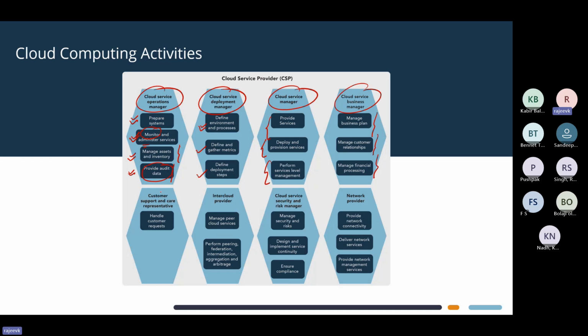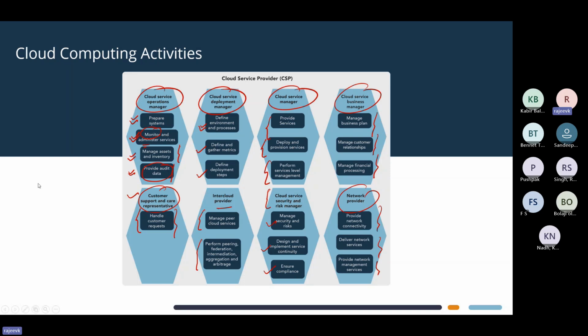So all in all, this information already tells what exactly each role is doing, like customer support and care representative will handle the customer request. Inter-cloud provider will manage peer cloud services and federation and other means through which integration is possible. Risk manager will manage risk, design security and ensure compliance, and network provider will manage the network related services only there, right?